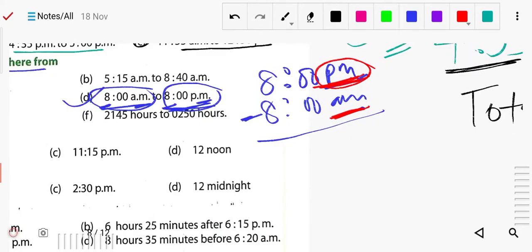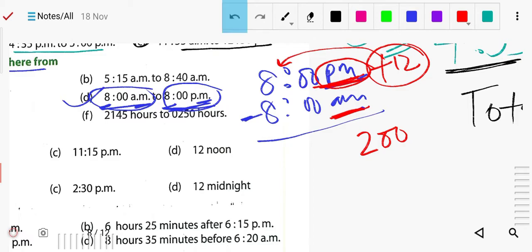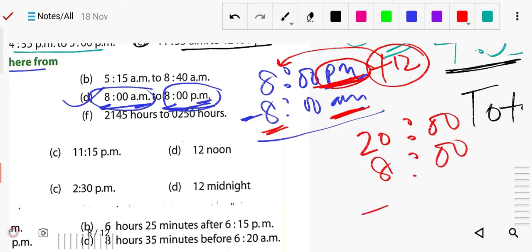So for that we will add plus 12. You add plus 12 to 12... it will be 20 hours and 0 minutes. And now this is your 8. Now you can subtract it.